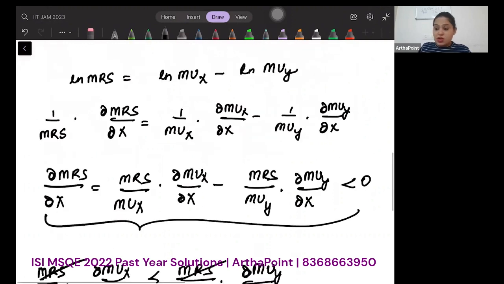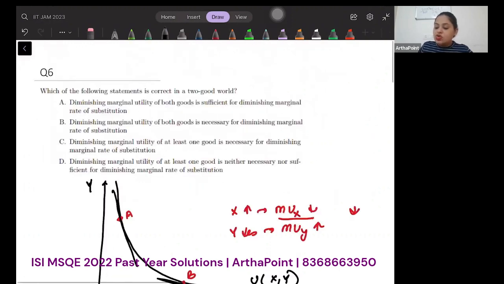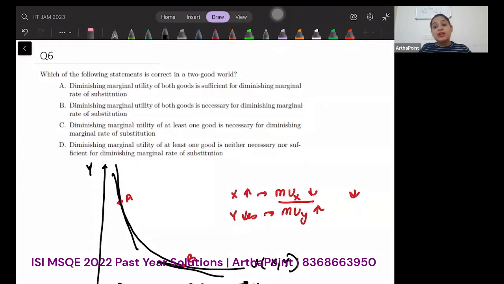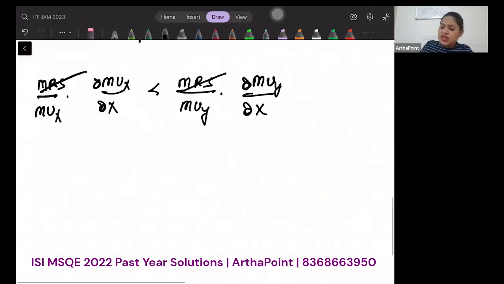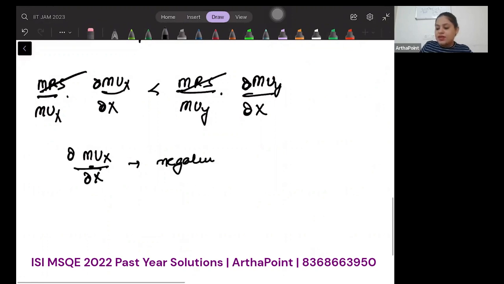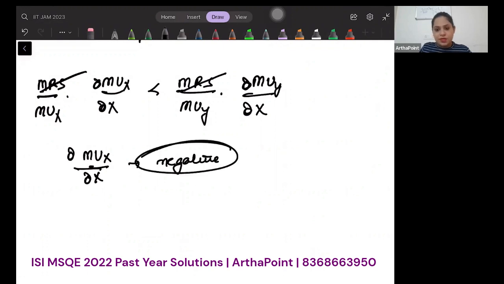Now if I compare it back, marginal utility diminishing means I understand that del MUX by del X is negative. But just it being negative does not resolve this problem.